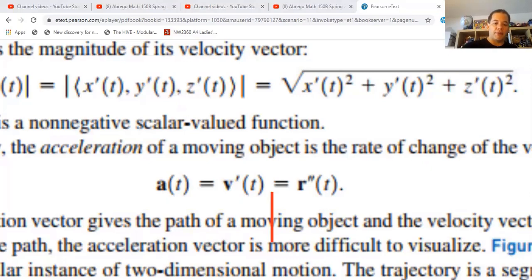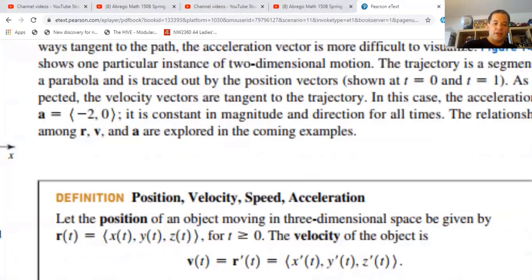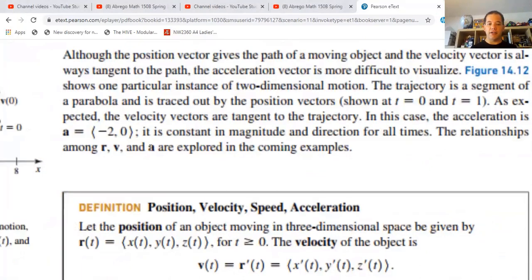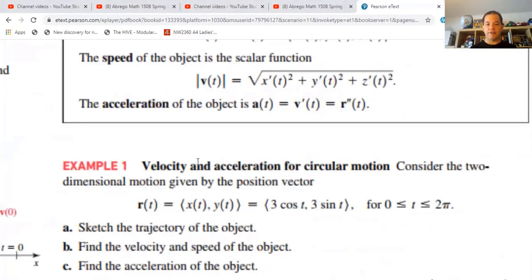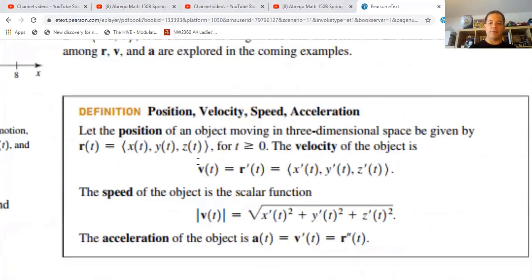But before we see some examples, let me just summarize it right here. Right here is the overall summary of what we had just said. So we have a vector function that describes the position of an object in three-dimensional space with components x, y, and z. And then the velocity is given by the derivative of that vector, so with components x prime, y prime, z prime.